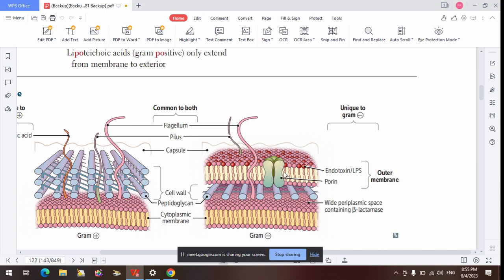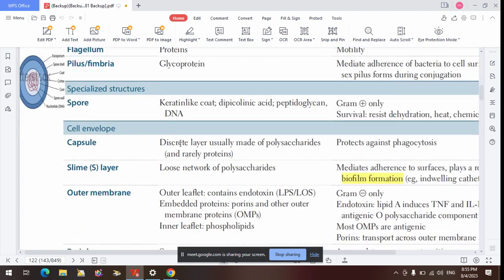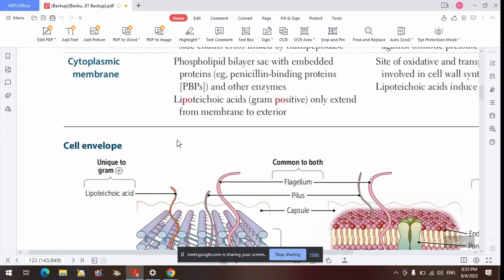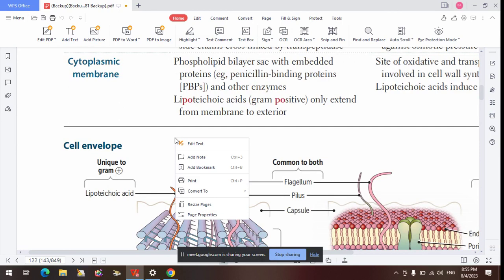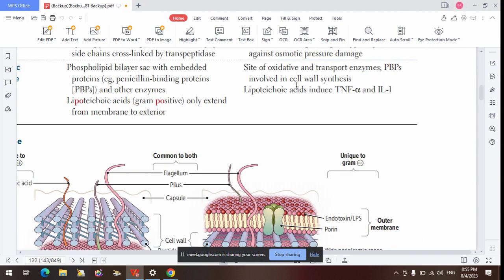So we have discussed the whole structure of the typical bacterial cell. That is everything. So Dr. Paulette, please can you list the components of cytoplasmic membrane again? The penicillin binding protein, oxidative enzymes, transport enzymes, and what again?